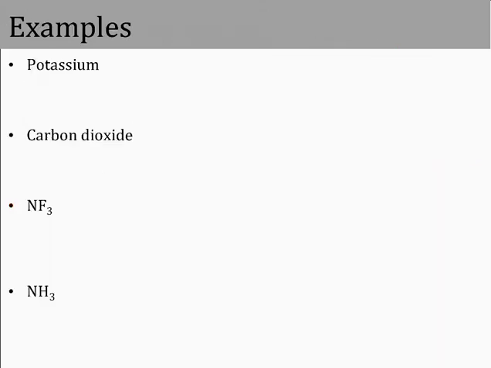Okay, so let's go over a few examples. Now, first, let's kind of rank the different forces we just talked about. So dispersion forces are really weak. And then the next force is a dipolar force.